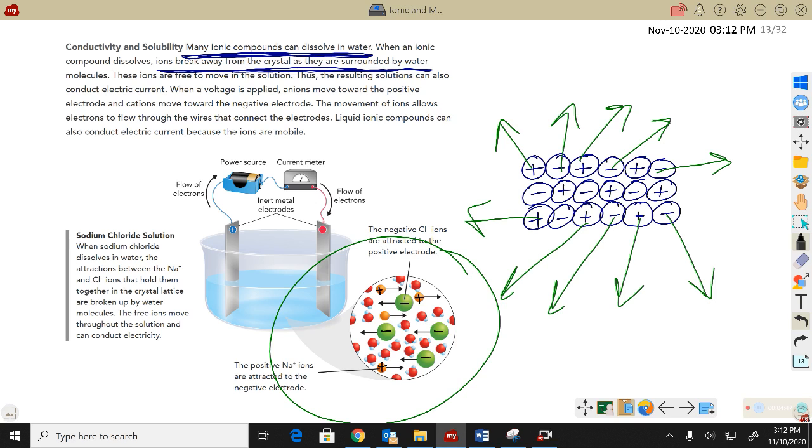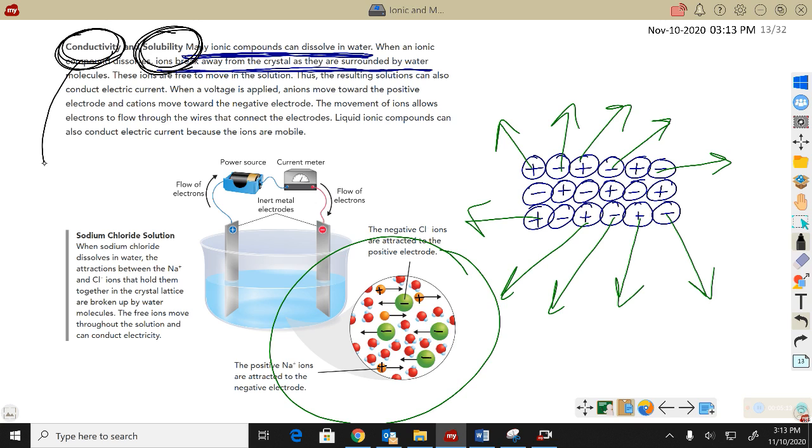All right, cool. So then what you end up with is a bunch of moving charged ions. And guess what? Moving charges will conduct electricity. So solubility was the ability to dissolve in water and form separate little ions.